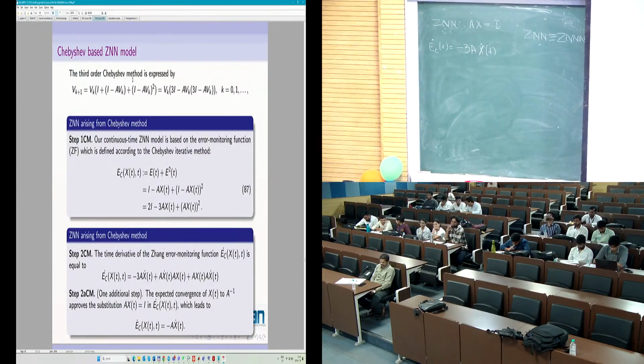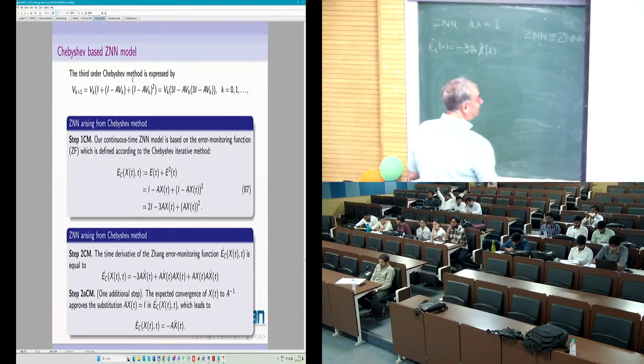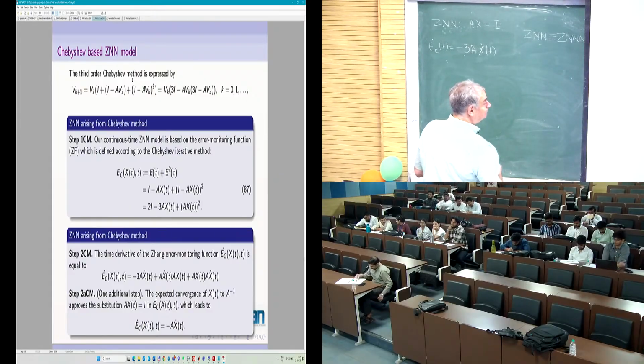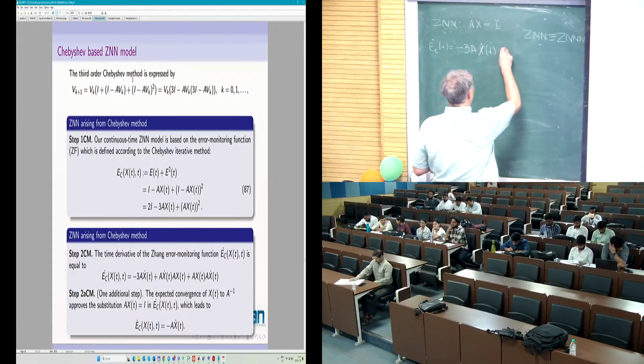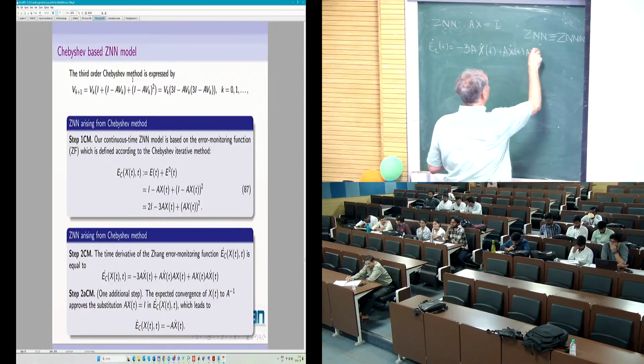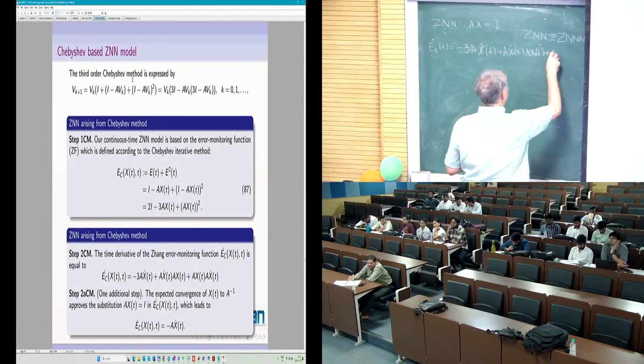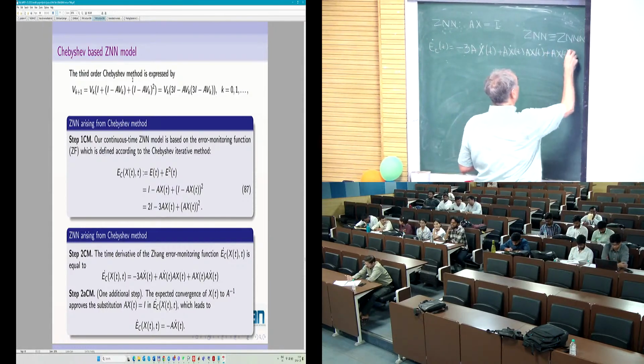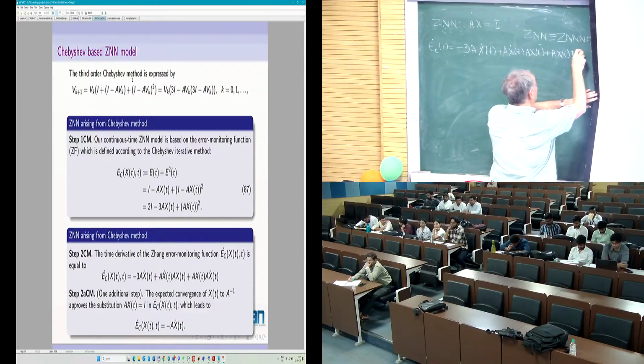What will be next? We have A X of t squared. A is constant, so the result will be only two terms: A x dot of t, A X of t plus A X of t, A x dot of t.